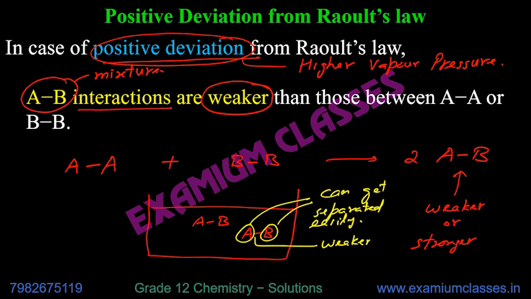They are not bonded, they are not attracted towards each other with greater force. So less energy will be required to make A and B apart. If we can make them apart, they can get vaporized easily.